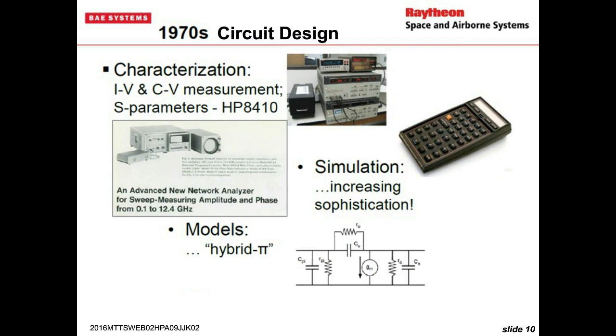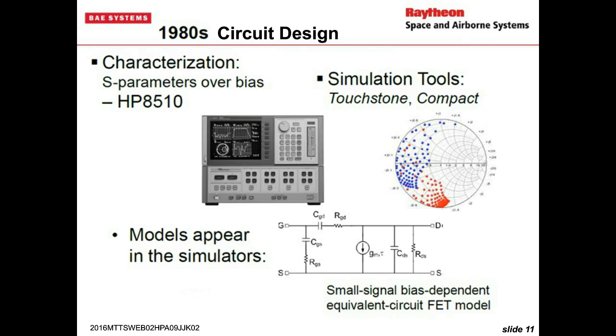The next advance was the 8510, which really increased the accuracy, flexibility, and speed with which measurements could be taken. The models also appeared with more sophistication, and for the first time, you had commercial simulation tools, although they were linear, that appeared on the market.